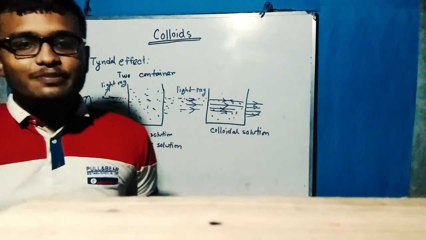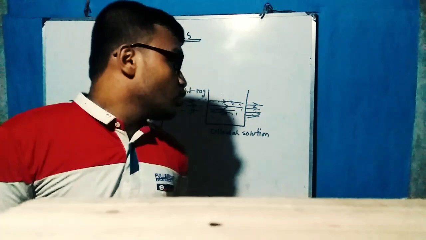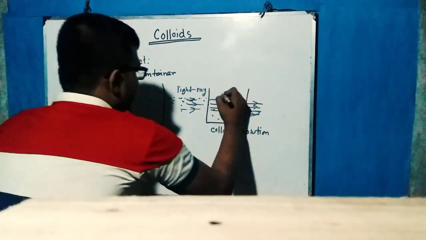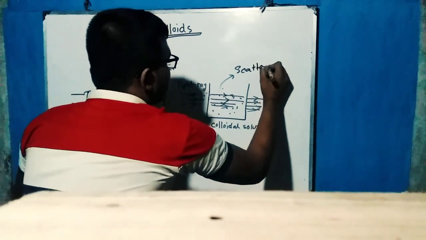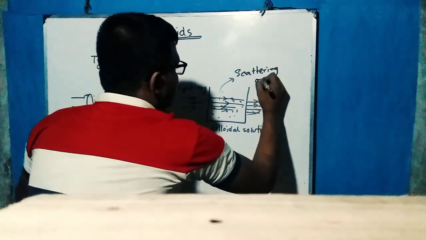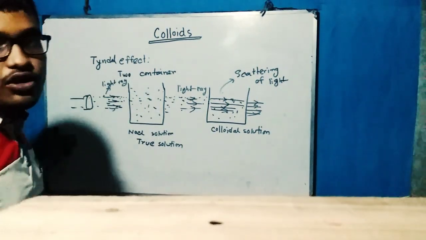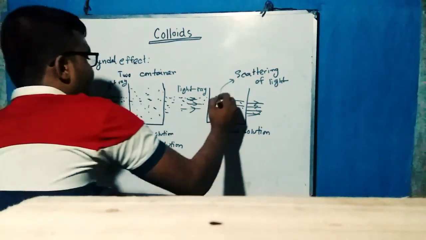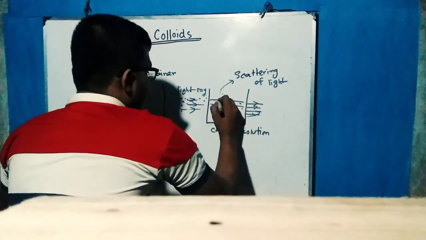As the particle is much larger, there is scattering of light. As scattering of light occurs, we will find the path of light.